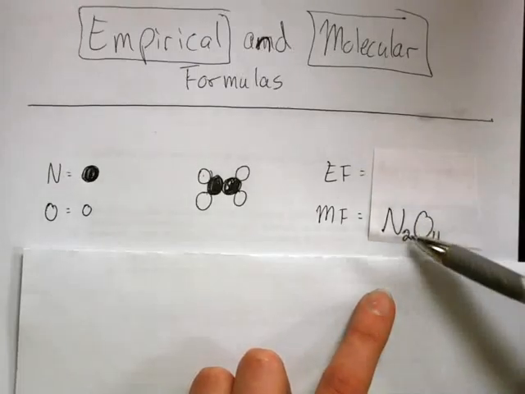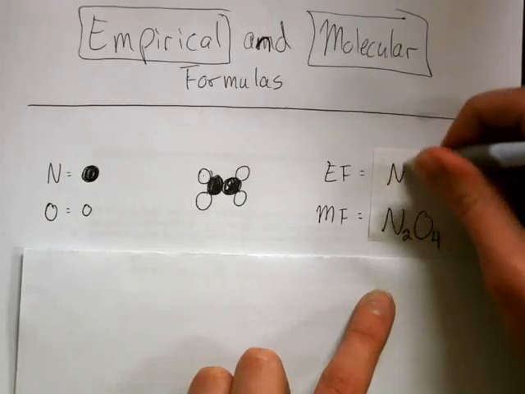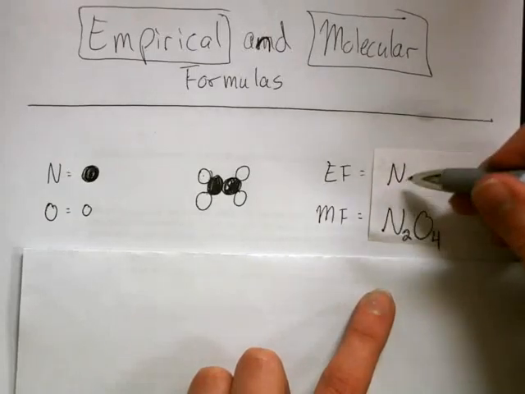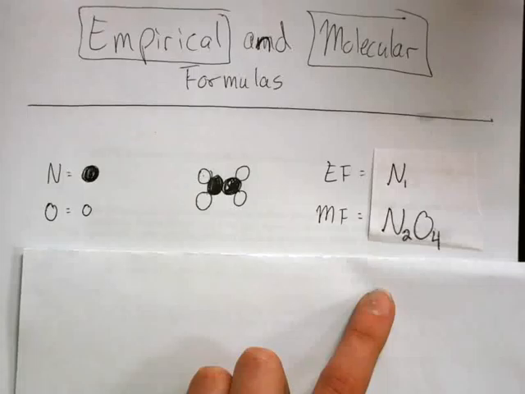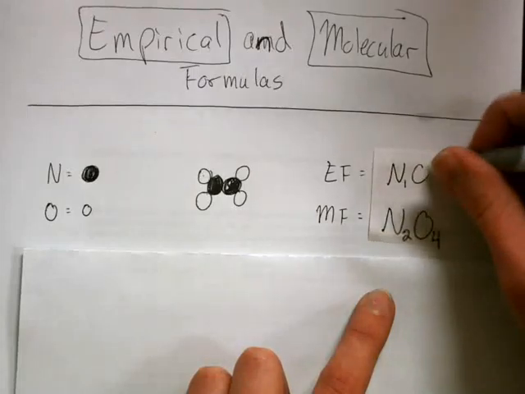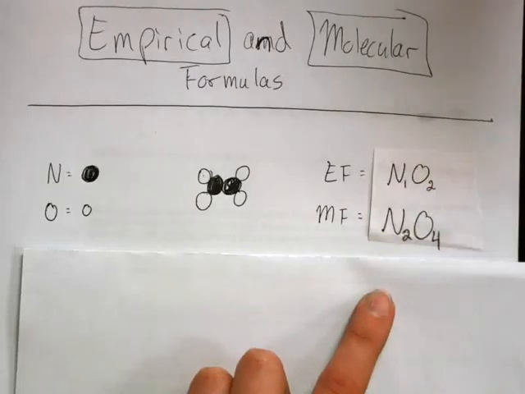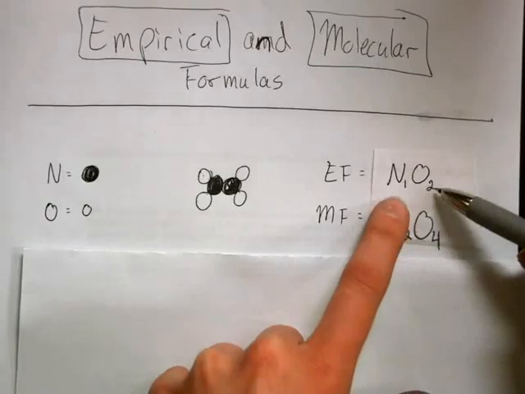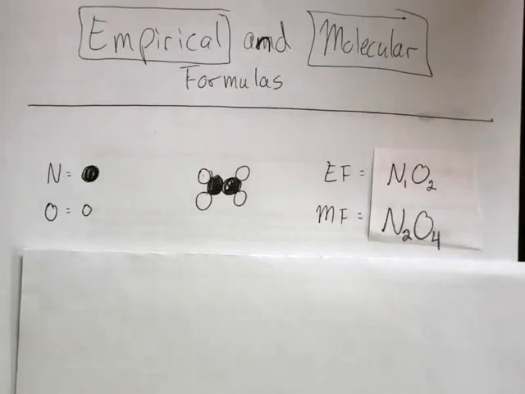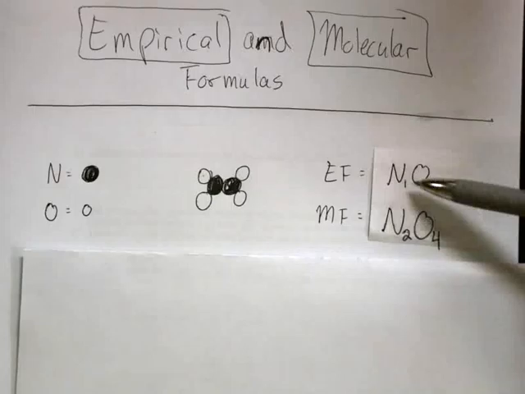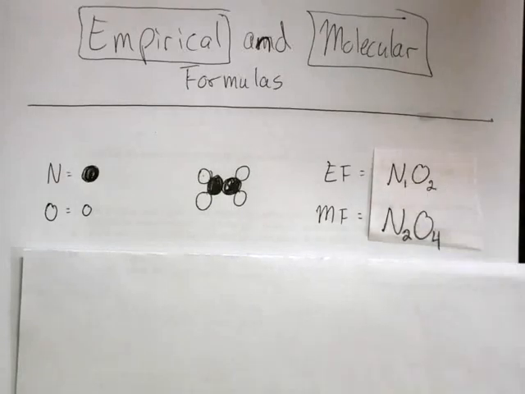So I can reduce both of these so that instead of N2, it'd be just N1. And instead of O4, it would become O2. I basically halved everything until it was a smaller whole number. I can't go any smaller than that because otherwise I'm not a whole number anymore. That is an empirical formula, a simplified version.